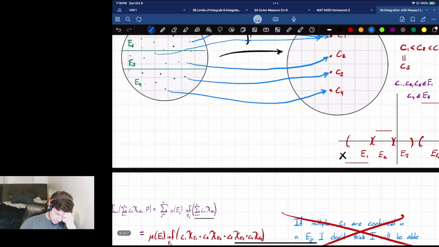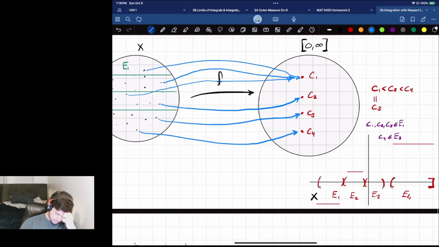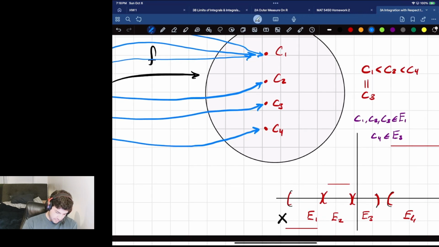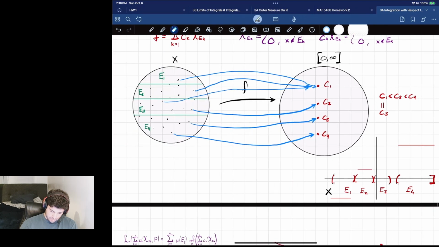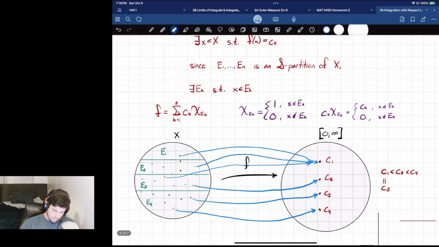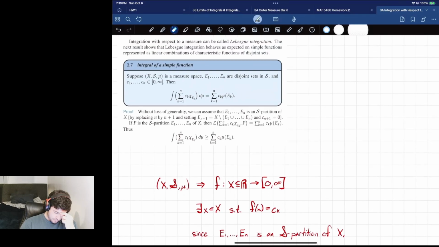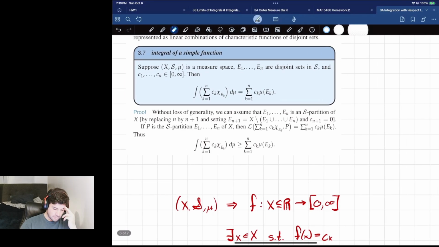Okay, so what happens if that's the case? That means we don't describe them in terms of containment of ease. Okay, so let's see.